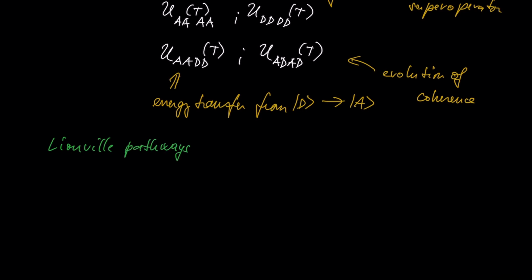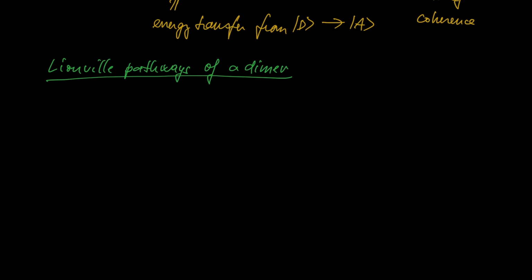So we are looking at this dimer with energy transfer, and we are looking at its Liouville pathways. They will always come in pairs. We know already that there will always be rephasing and non-rephasing pathways coming in pairs, and there are processes that we observe like stimulated emission, ground state bleach, excited state absorption.